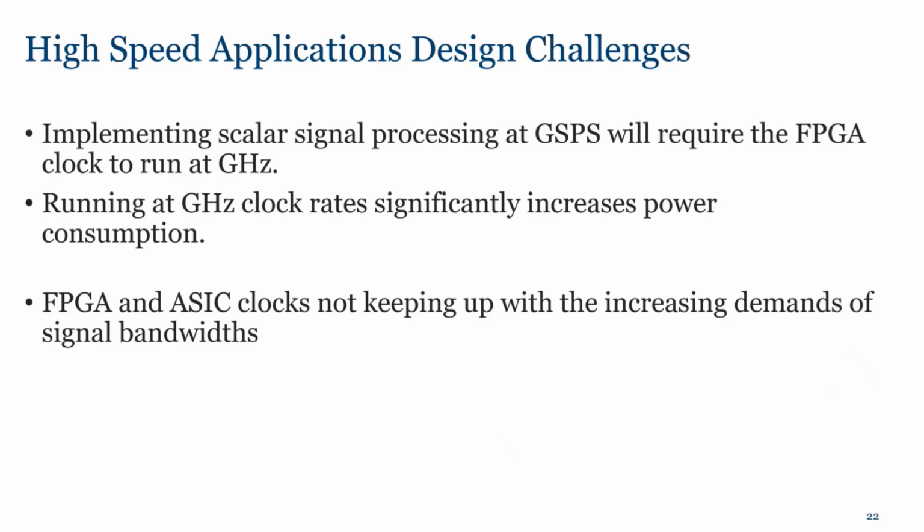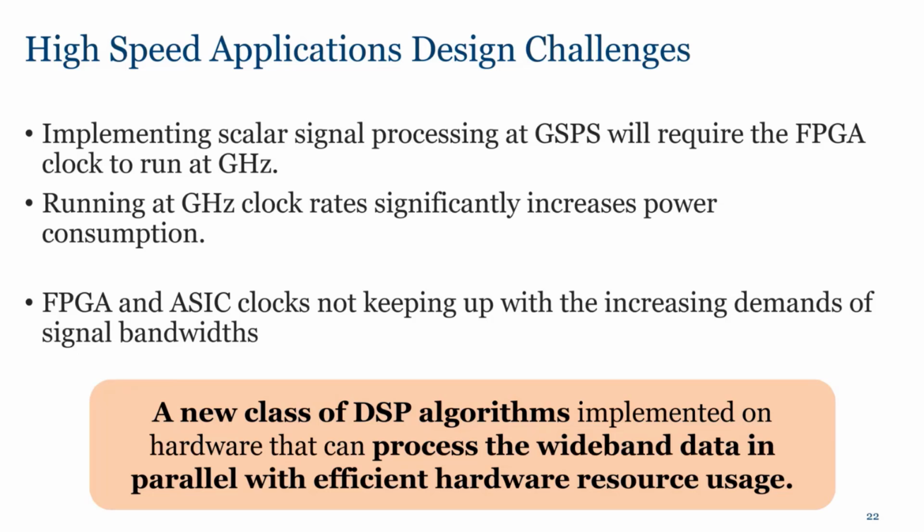So we know that FPGA and ASIC clocks are not keeping up with the increasing demands of the signal bandwidth, which leads us, of course, always to the same conclusion: that we need a new class of DSP algorithm that could be implemented on hardware and that can process the wideband data in parallel with efficient hardware resource usage. So we need a new class of DSP algorithm that has this trade-off between keeping up with the high-speed demand and the hardware resource usage.